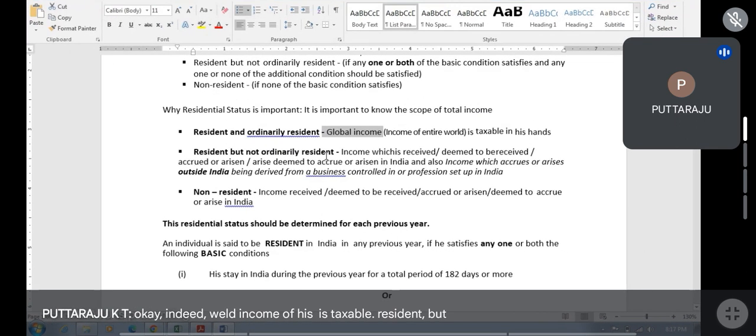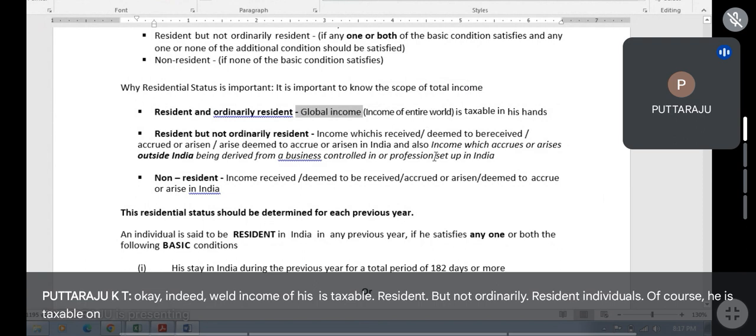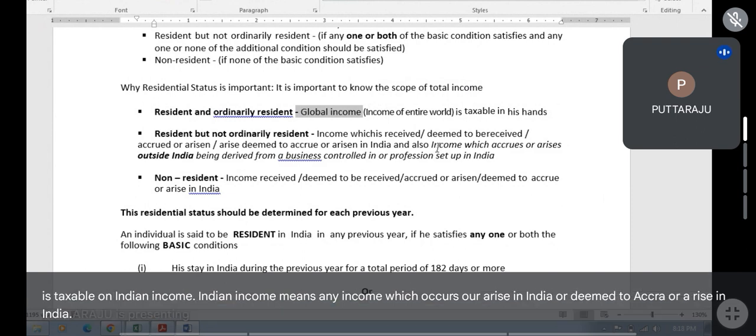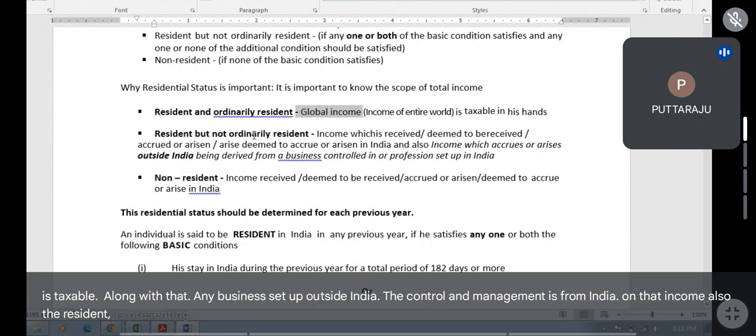A resident but not ordinarily resident individual is of course taxable on Indian income. Indian income means any income which accrues or arises in India or is deemed to accrue or arise in India. Along with that, for any business set up outside India, if the control and management is from India, on that income also the resident but not ordinarily resident is taxable.